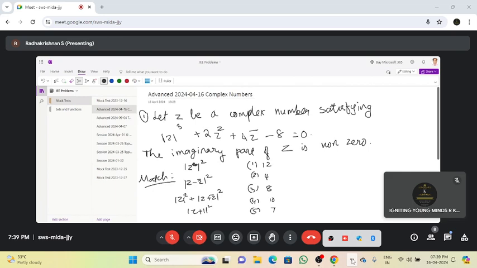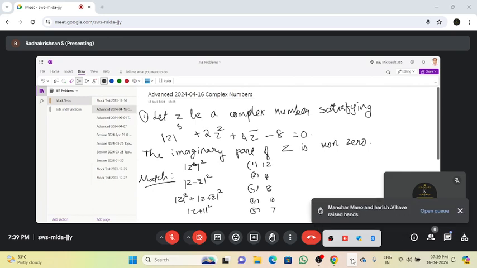Who all are in 12th, can you please raise your hands? Manohar, Harish. Jaga, Jyoti.